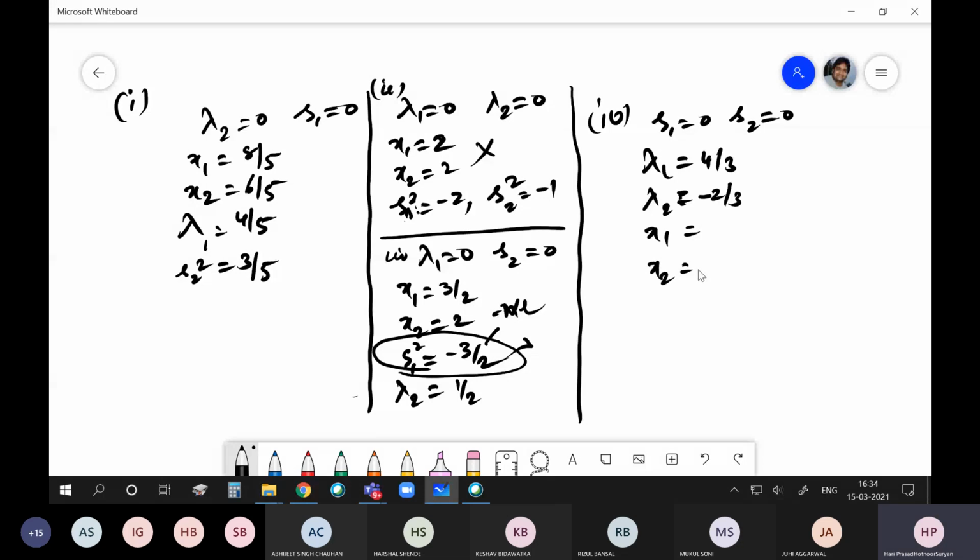x1 is equal to 2, x2 is equal to 1. Is this a valid solution? Does this solution satisfy the Kuhn-Tucker conditions?